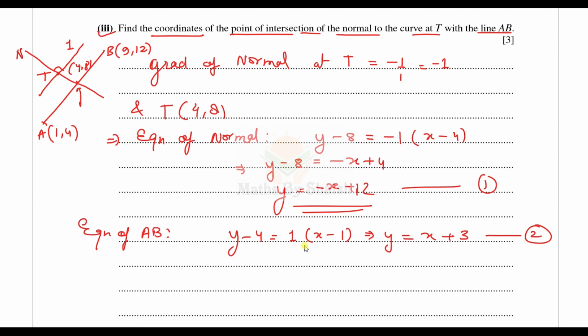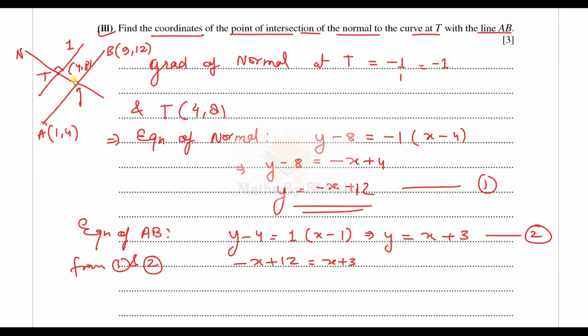We need to find the intersection of these two. So from 1 and 2 we have minus x plus 12 is equal to x plus 3. We need to be very careful with this. First of all, we found the equation of each line, and then we find the intersection by solving the simultaneous linear equations.